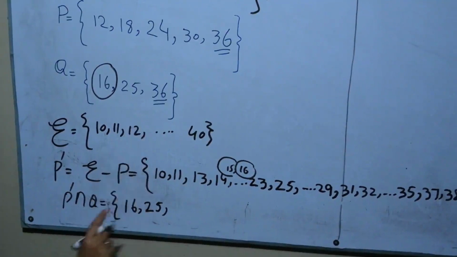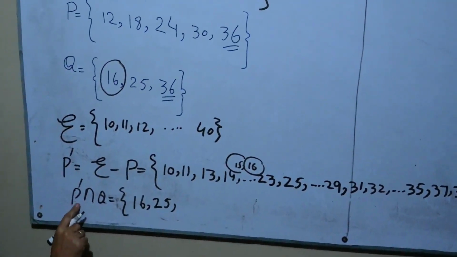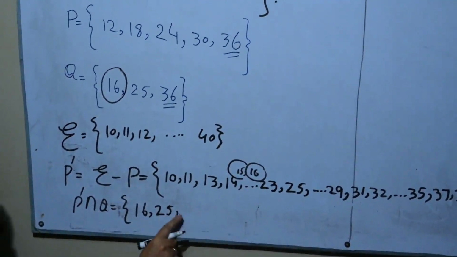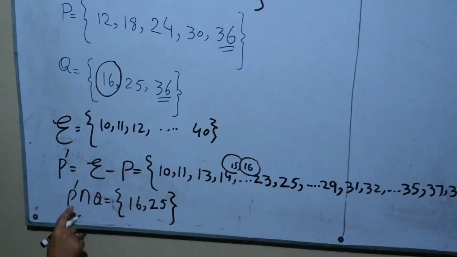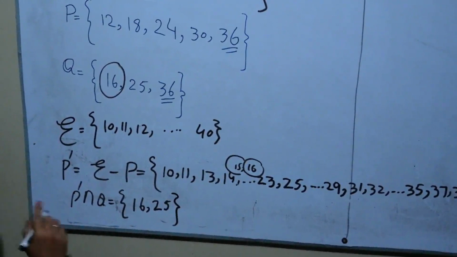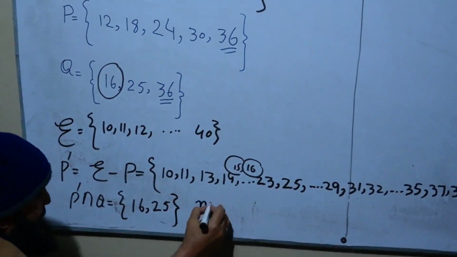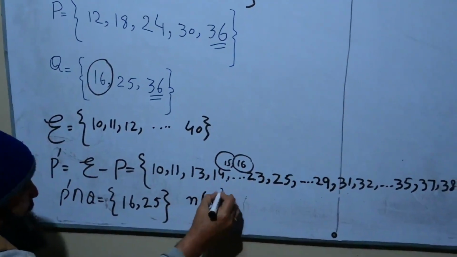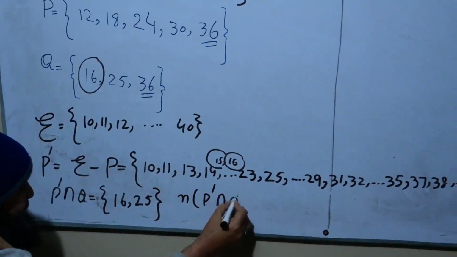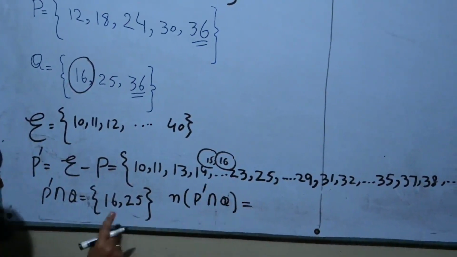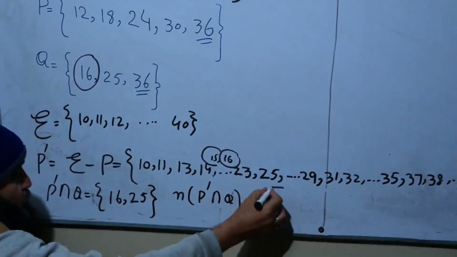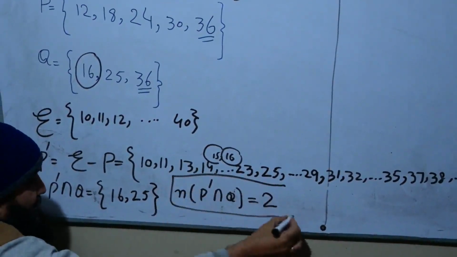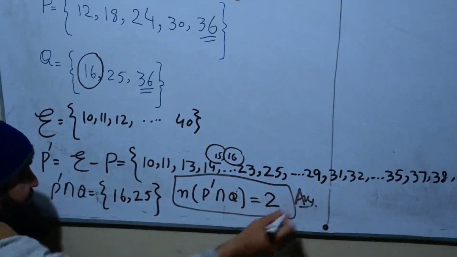So 36 will not be included in P complement intersection Q. So this is the set P complement intersection Q. We have to find the number of elements in P complement intersection Q. So number of elements: 1, 2. There are 2 elements, so the answer will be 2. So this is the answer of the second part of part A. That's it.